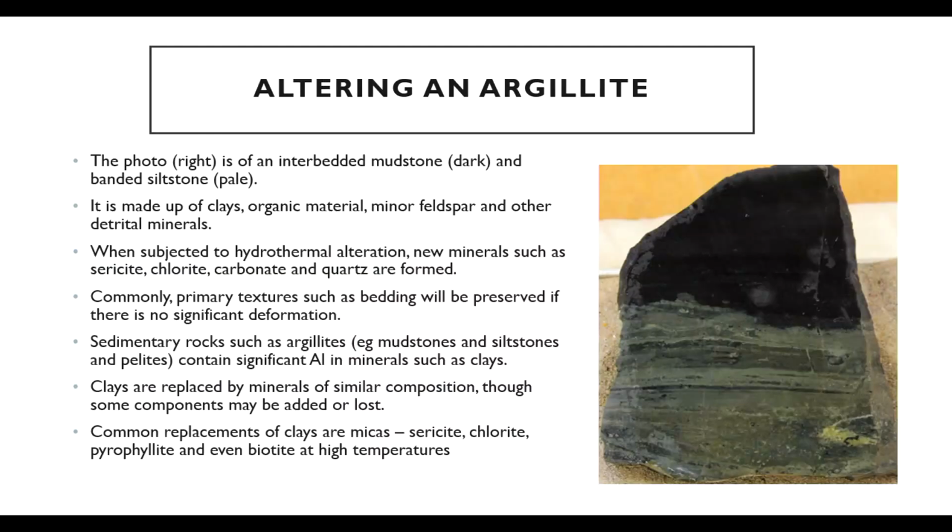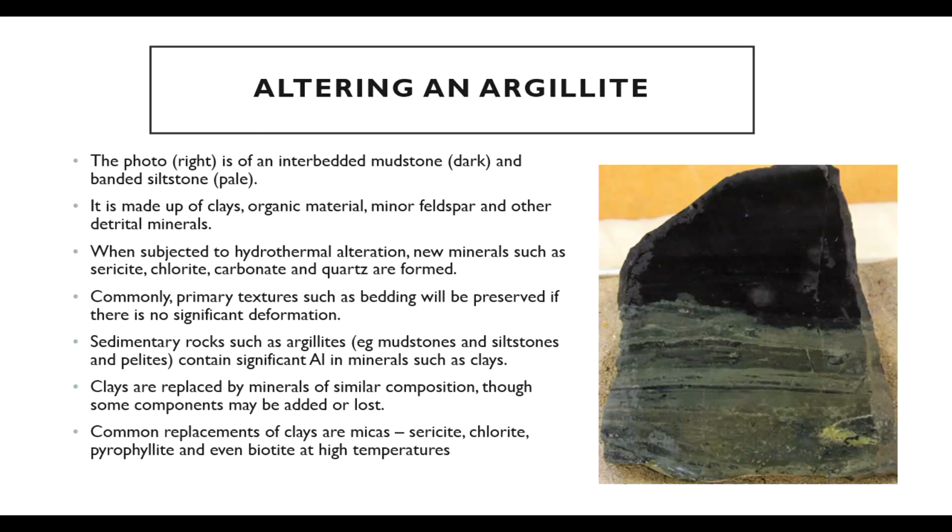So here's a mudstone. We broadly know what a mudstone should have in it. Mud-sized particles, predominantly of clays. Some people call them argillites, but that's reasonably outdated these days.